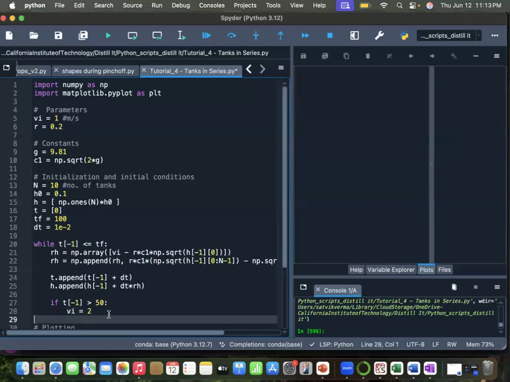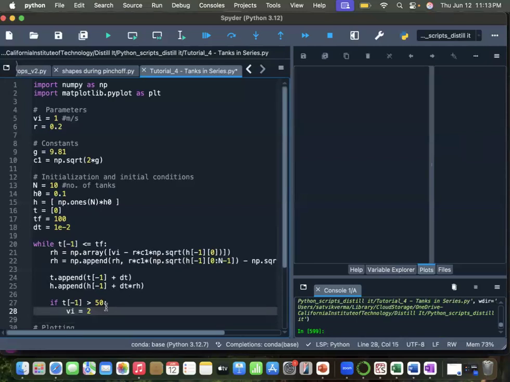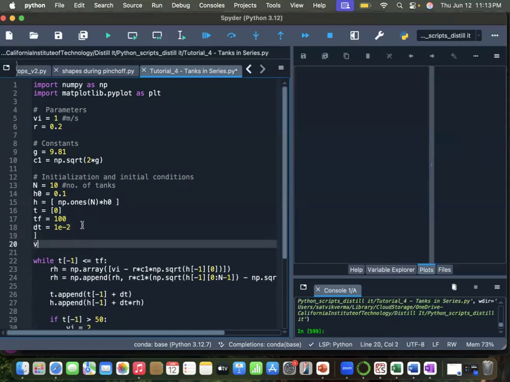And then what would happen? Now, in order to see what exactly is going to happen, we would really want to track v as well. So maybe let's just make a v array, and that becomes vi over here.